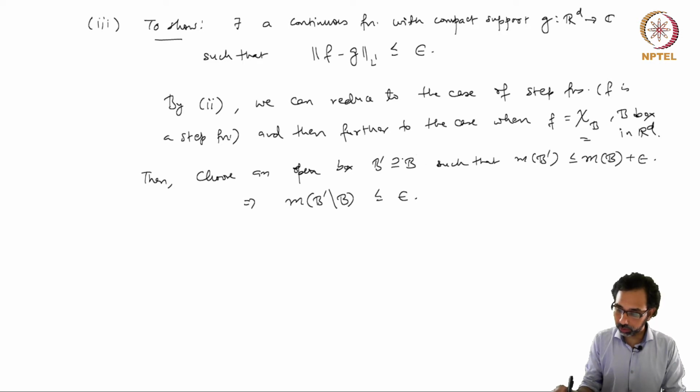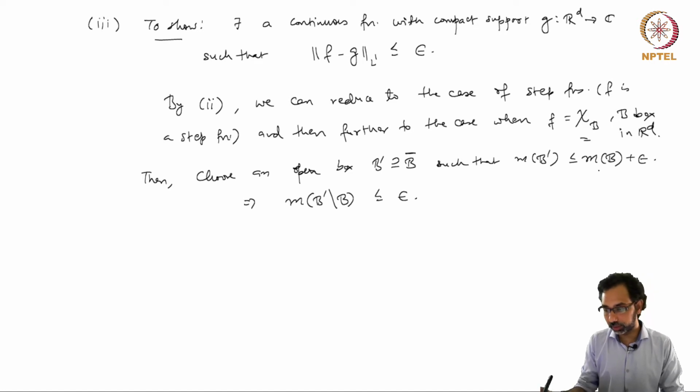Here I would also like it to contain the closure of B. So our box may not be closed, but we can arrange so that B prime contains not only the box but also its closure, and then we'll still have this inequality because the measure of B is the measure of B bar.